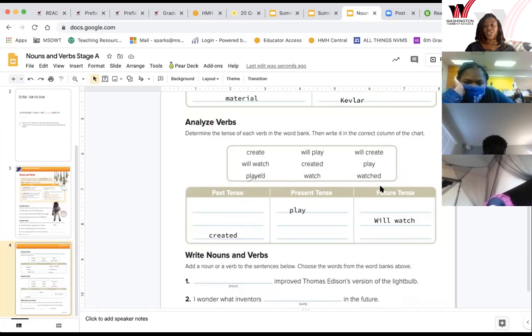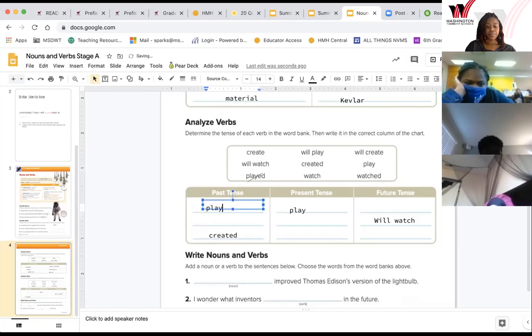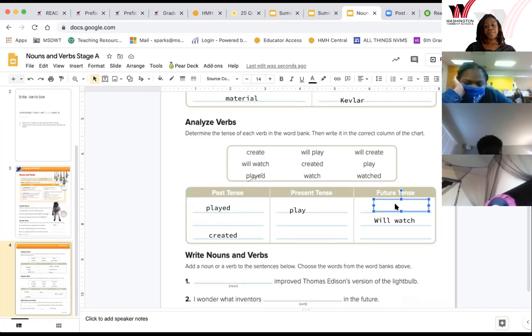Future tense usually has a verb phrase, and it hasn't happened yet. Okay, so let's go through what would be the past tense form of play. Played, right? -ed. Future tense would be will play.